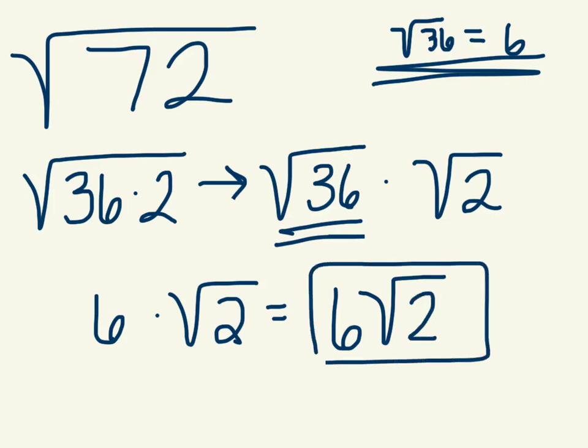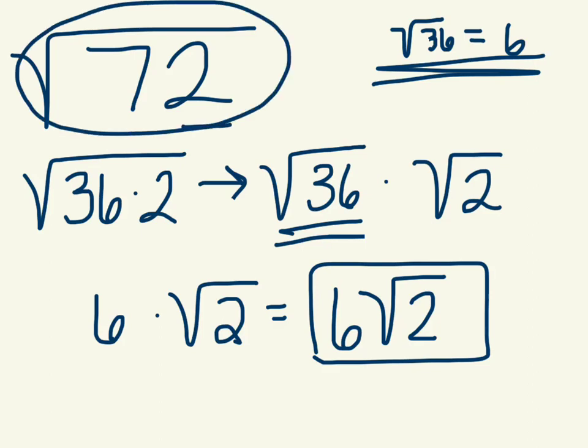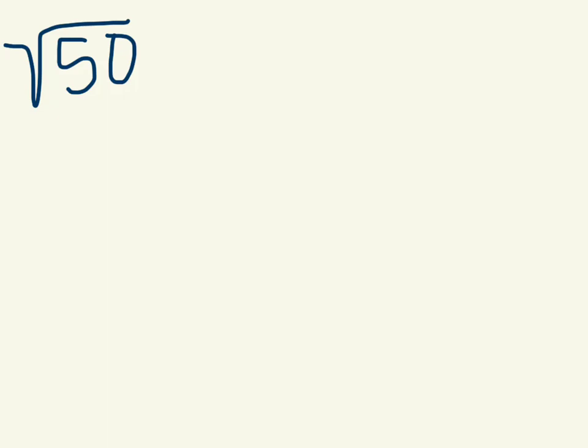I have simplified the square root of 72 as 6 times the square root of 2, and there's my answer. Let's now try the square root of 50.